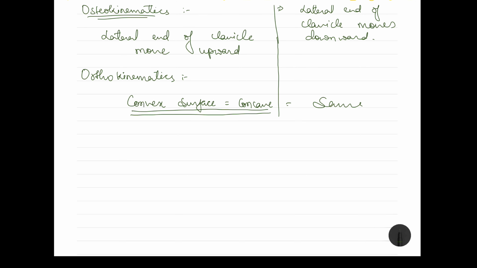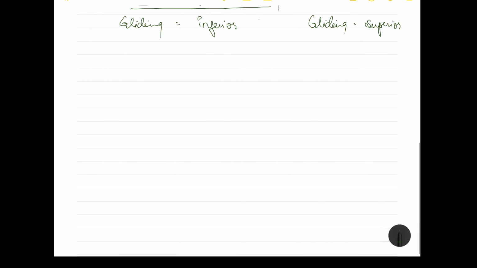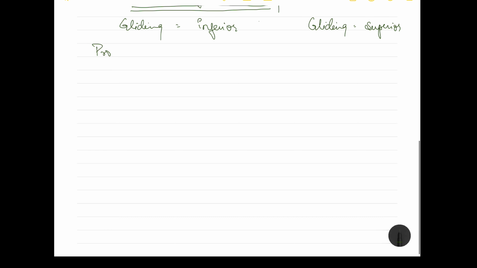The gliding is inferior in the sternoclavicular joint in elevation, and the gliding is superior in the depression movement.